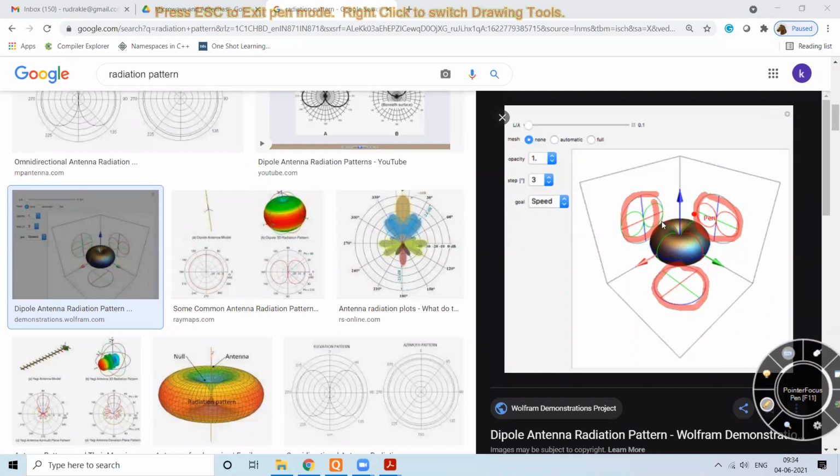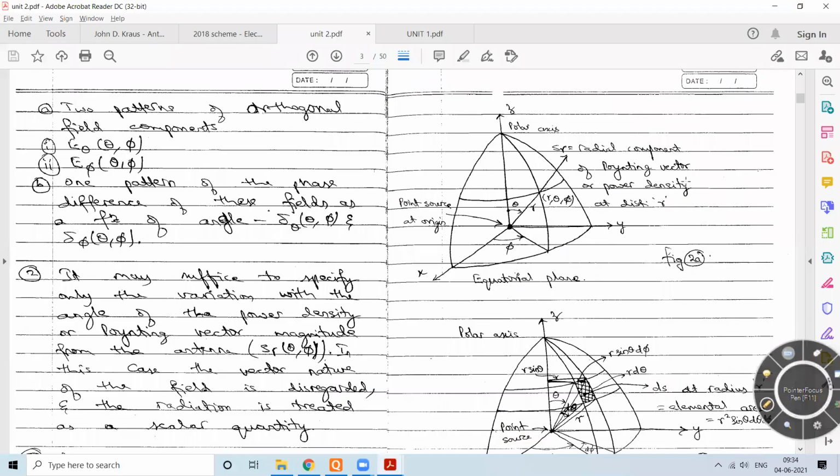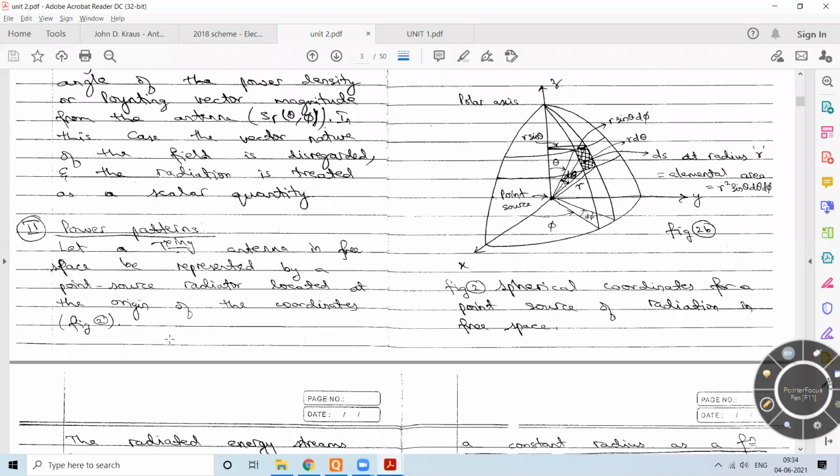But if I want the overall 3 dimensional representation, I have to combine these, and I'll get the pattern which is seen over here. So this is the 3 dimensional representation. This we'll again discuss in the coming sessions. So this is with respect to what is meant by power pattern, and how do I obtain the pattern for a given antenna.